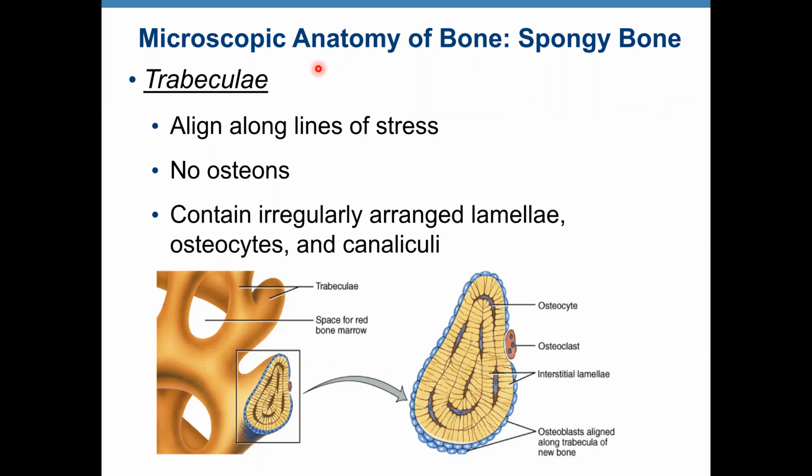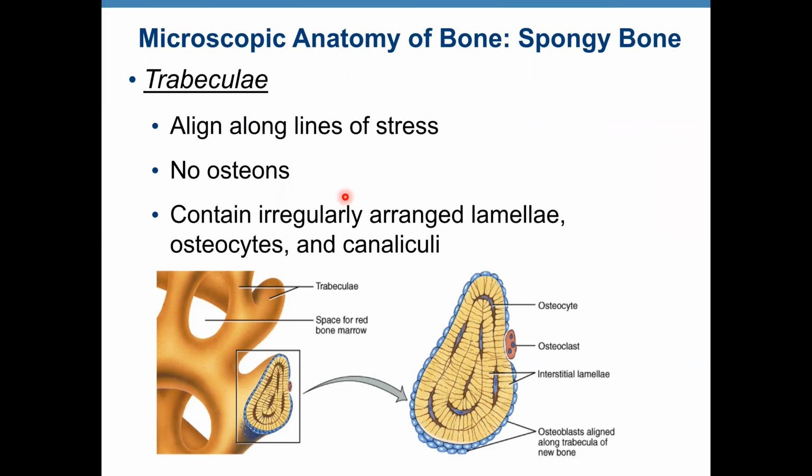So here we're looking at microscopic anatomy of spongy bone, because what we discussed just previously was a compact bone. So compact bone is made of osteons. Spongy bone has trabeculae, and trabeculae align along line of stress. So this is where you have more stress and pressure on the bone. We would have this trabeculae. No osteons.